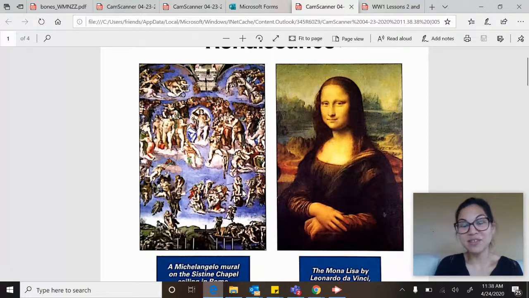What are some things you see? What kind of colors did the artists use to paint these paintings? What do you like about the paintings? What do you maybe not like so much about the paintings? They're both very different also. Take a look at how they're different. Are there different colors? Are there different people?